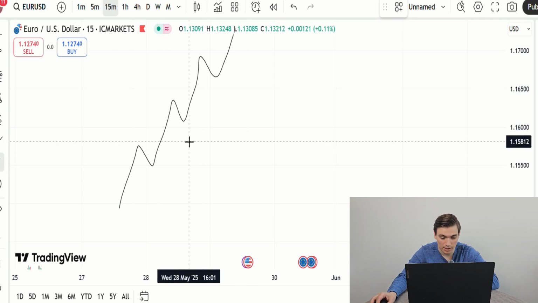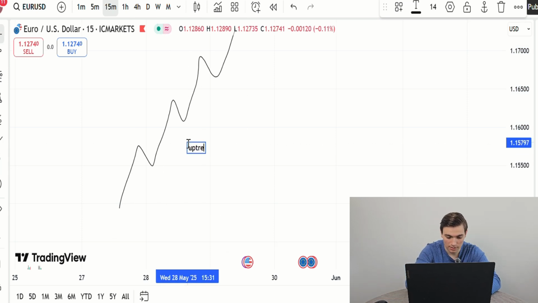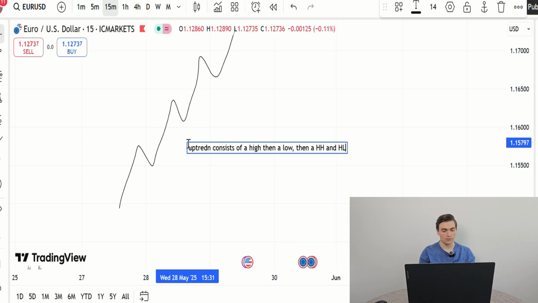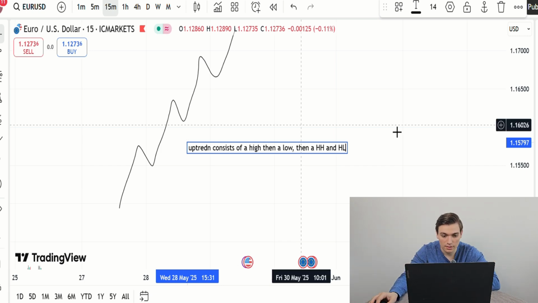So an uptrend, I'm gonna write that for you. Uptrend consists of a high, then a low, then a higher high, and higher low. And that's always, no matter what, that's an uptrend.